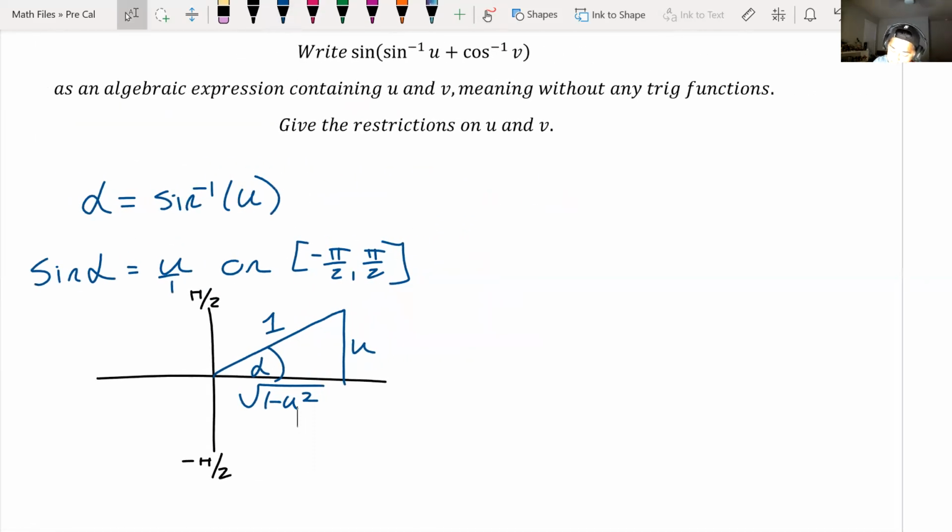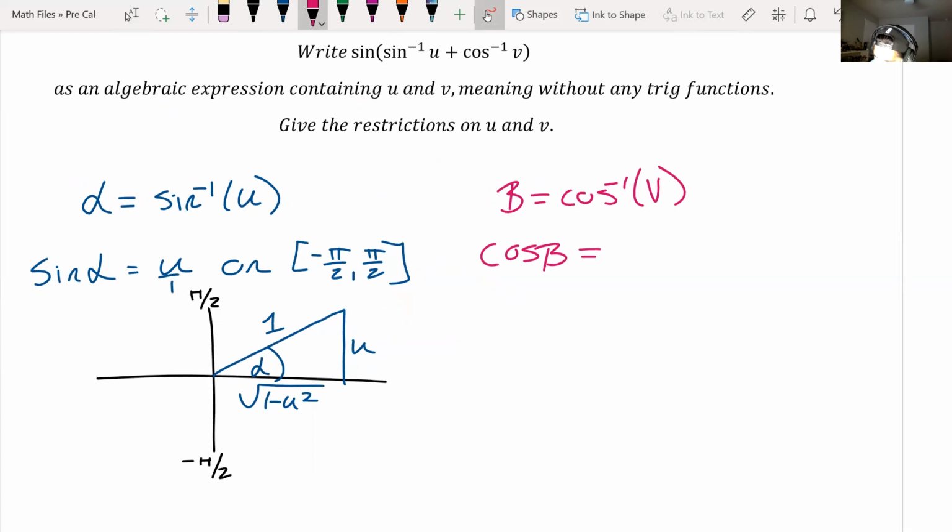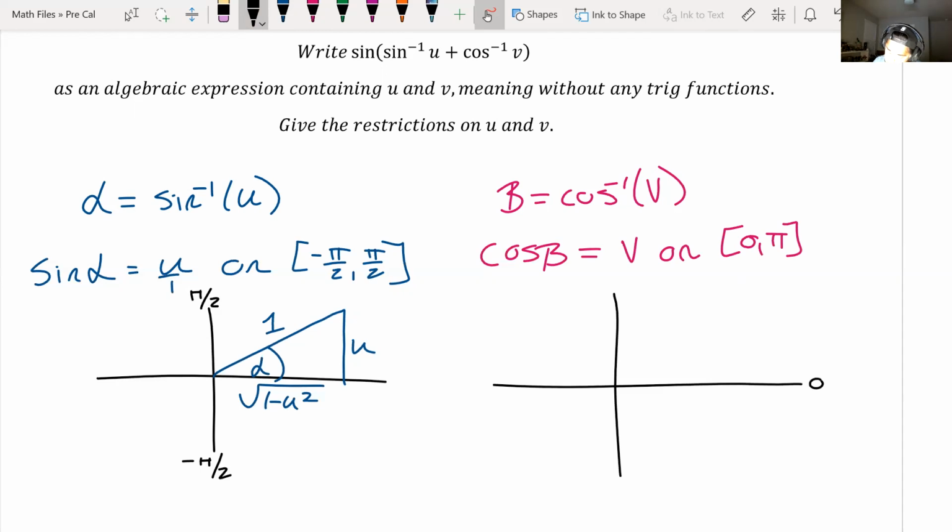Now do the same for beta. Beta equals the inverse cosine of v. Apply the cosine to both sides. 0 to pi. Here we go. There's 0.